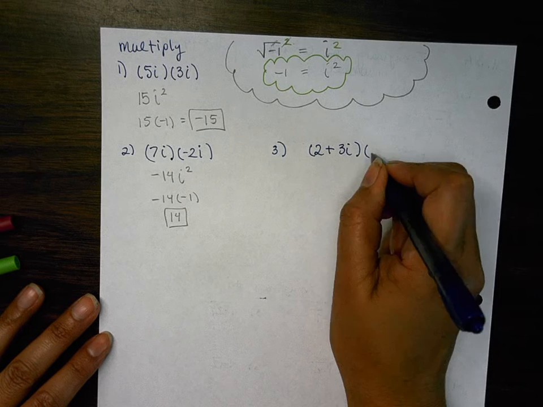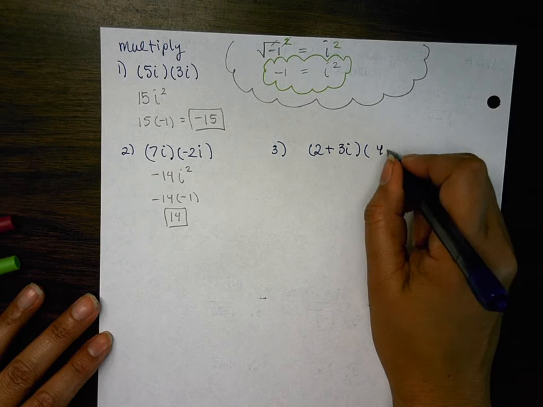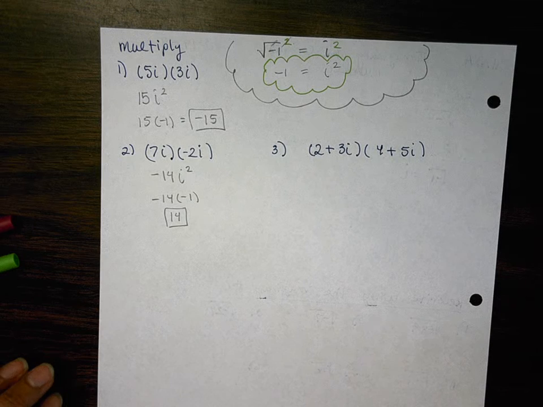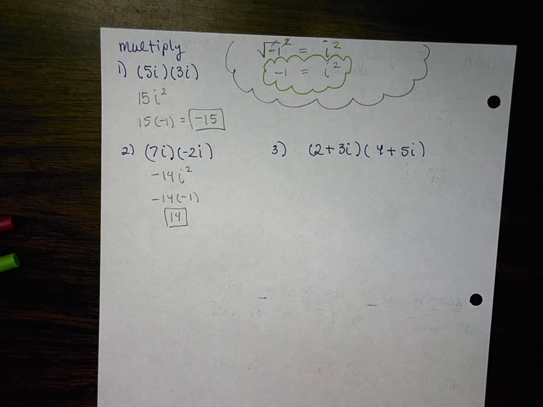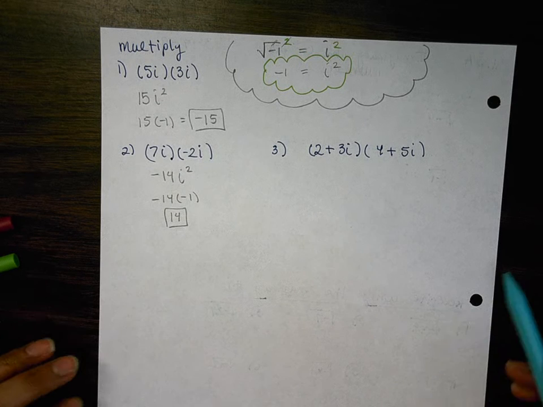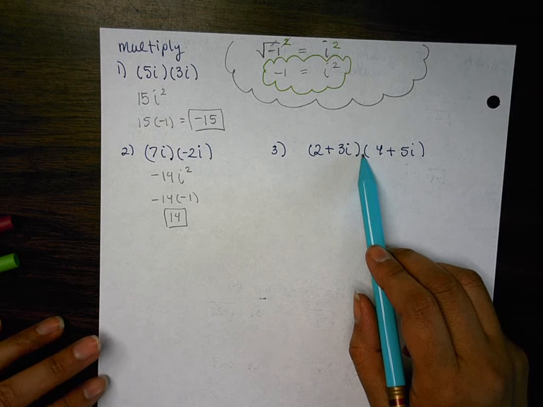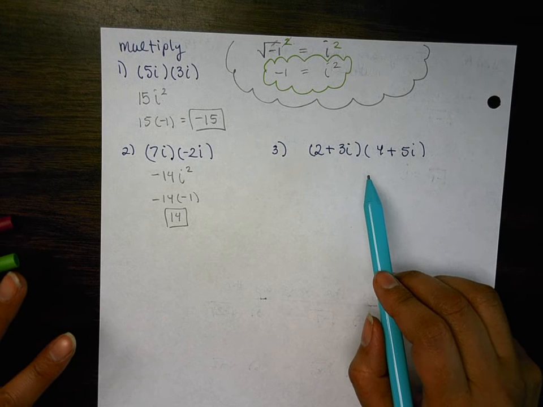Number 3, 2 plus 3i times 4 plus 5i. Okay, this is more like what I had on the other page as far as the parentheses go. Why did I put it here in the multiply section? Is there a plus or minus sign in there?